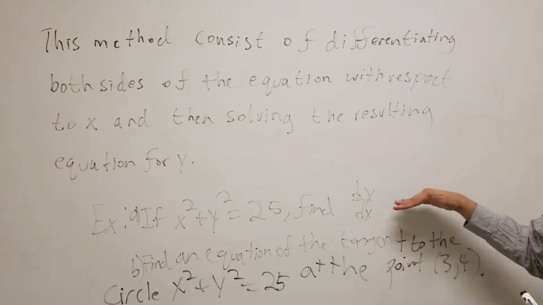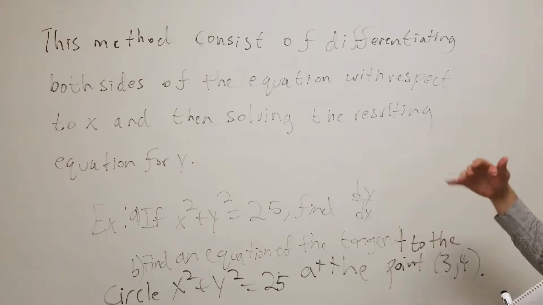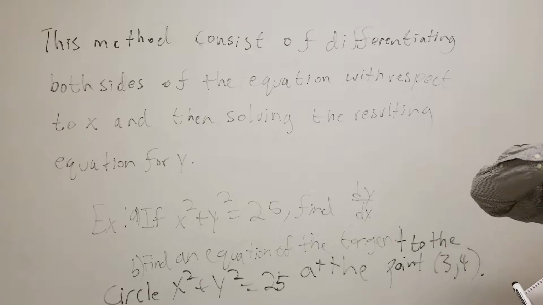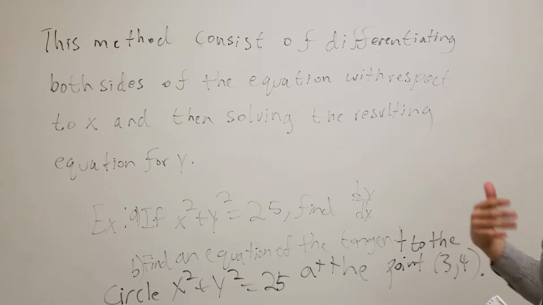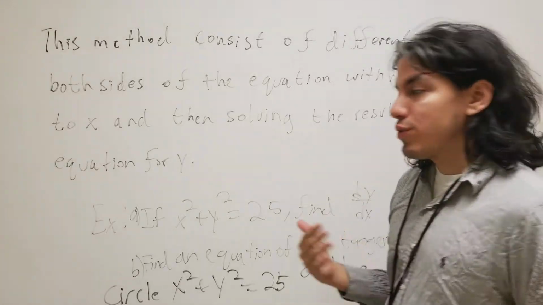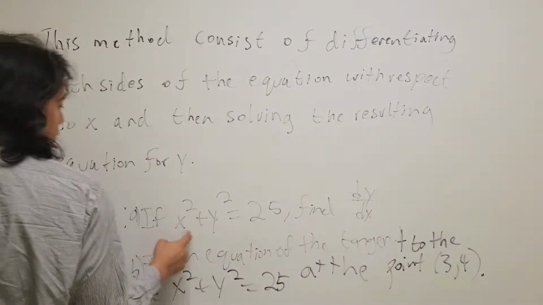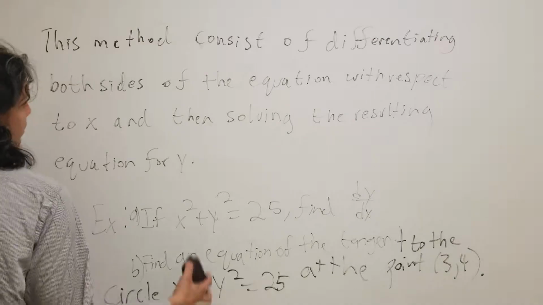We're going to get an idea of what this looks like right now, because remember, you're taking the derivative of y with respect to x. I'll explain what that means when we actually do this. So our equation is x squared plus y squared equals 25.